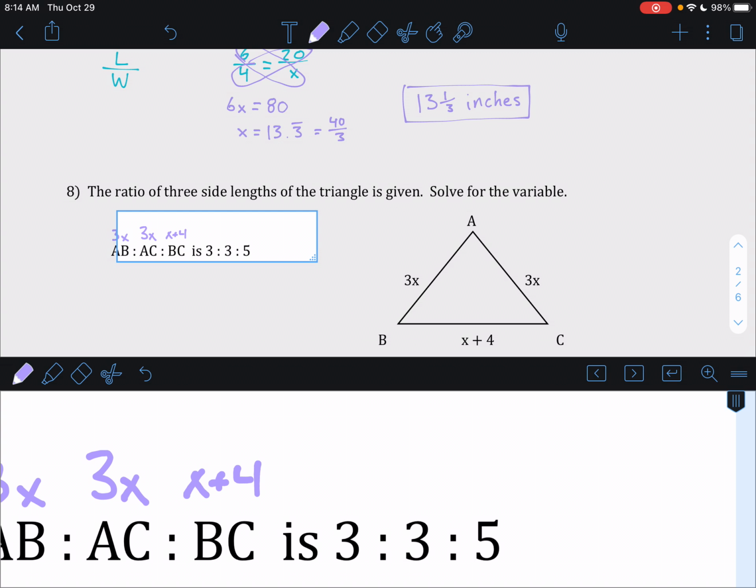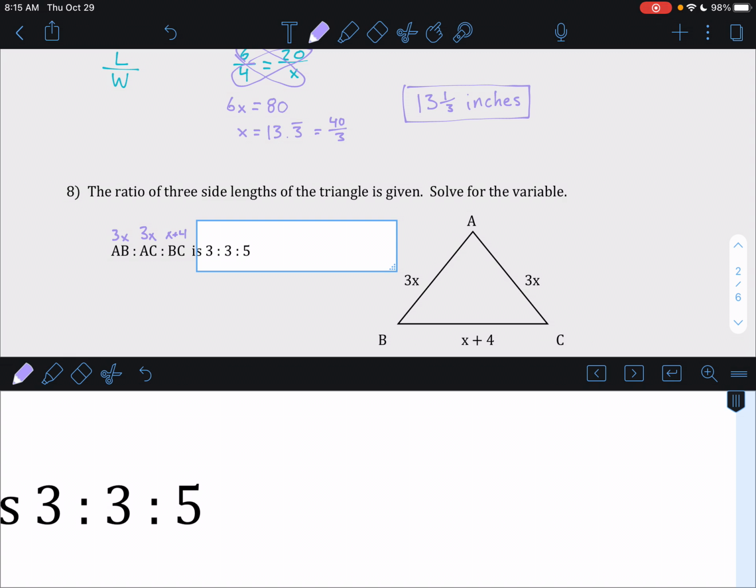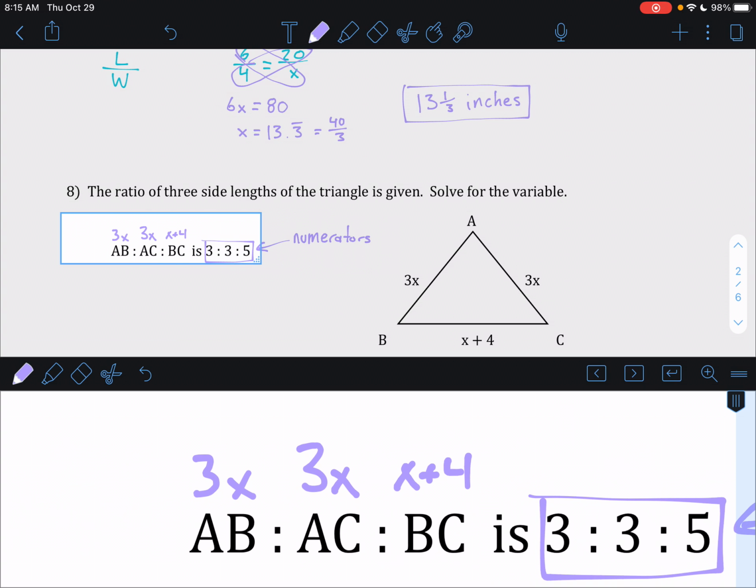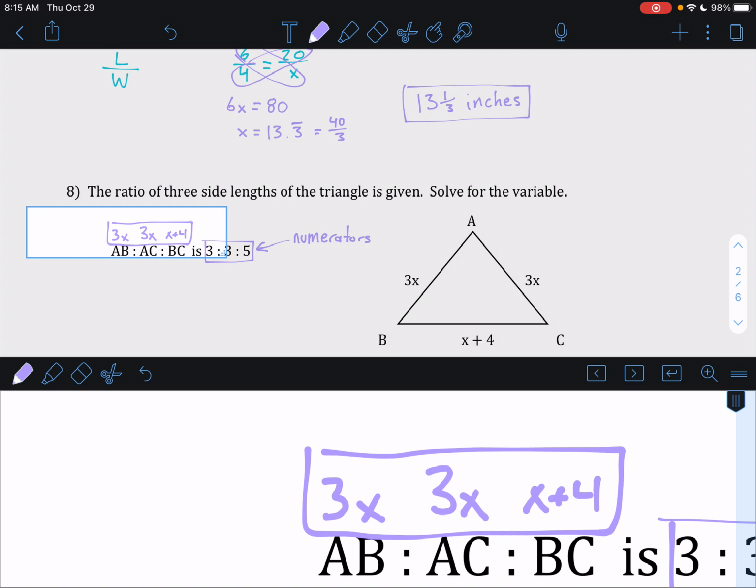So earlier, I said that we can't write this extended ratio as a fraction, but we could write it as a bunch of separate fractions. So this 3, 3, and 5, what if these are my numerators? And then this 3x, 3x, and x plus 4, these can be my denominators.